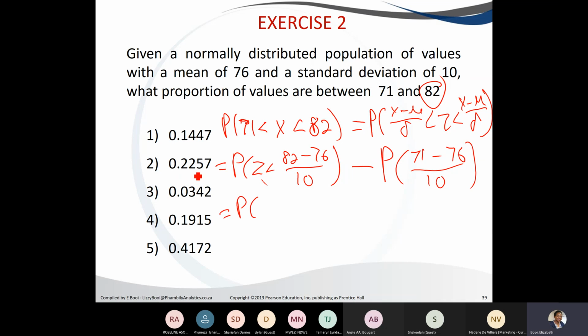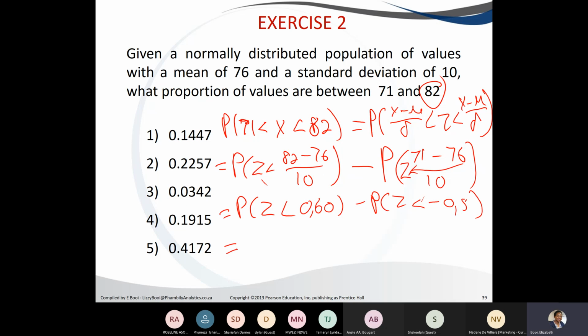And that will give the probability that Z lies between the two values. If we calculate 82 minus 76 divided by 10, we get 0.60. Minus, if we calculate 71 minus 76 divided by 10, we get minus 0.5.